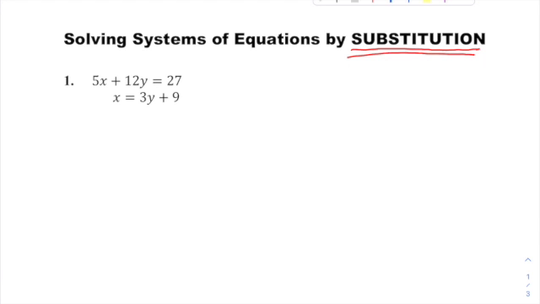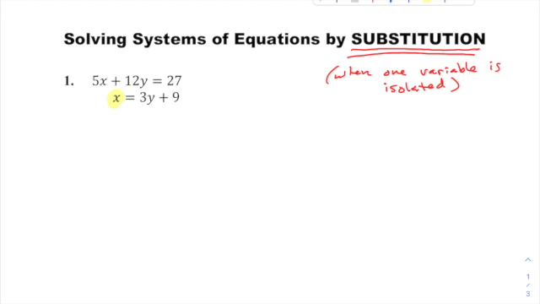So for example, you see in this second equation, I have x all by itself. I have x equals 3y plus 9. So this is when substitution is great to use: when one variable is isolated or is easy to isolate.